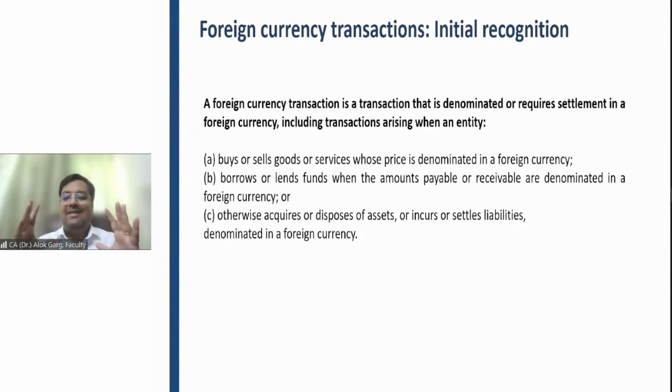If you want to understand this standard in a beautiful manner, first of all, you have to be well versed with what is my functional currency, what is the functional currency of foreign operation, and how it has to be determined. I have already covered 6 to 7 examples to make you understand the meaning and analysis of functional currency and of the functional currency of foreign operations. I have covered illustrations from the ICAI study material as well as illustrations from my own sources.